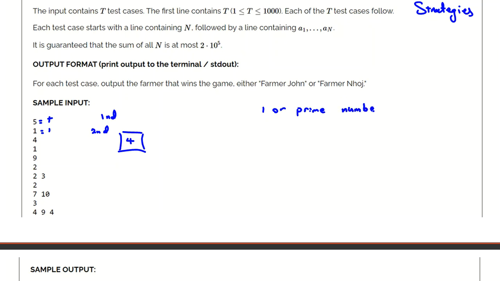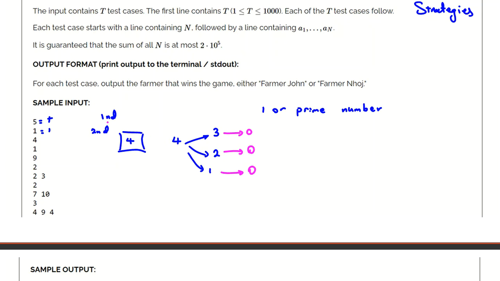Okay, so here, first player can take 1 to reach 3, or 2 to reach 2, or 3 to reach 1. Then for all cases, second player can reach 0: 2 is prime, 3 is prime, and 1, because he can take 1. So in both cases, second player can finish the cows here.